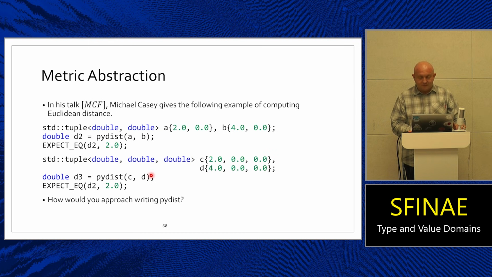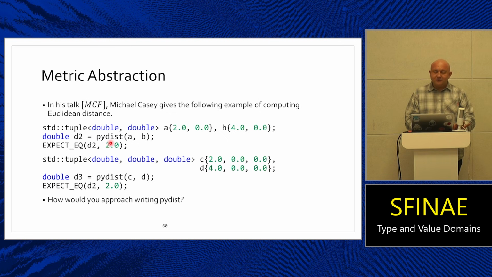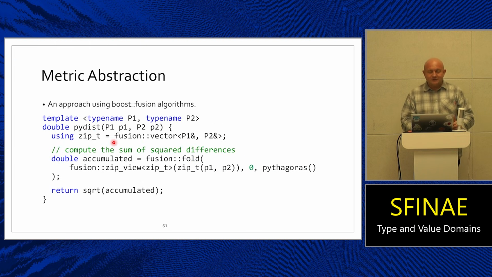Okay, how can we write such a generic function without index sequence, without manual unrolling, and so on? Exactly, using Boost Fusion. So here's the idea. We take P1 and P2 and build a fusion vector of references to them.